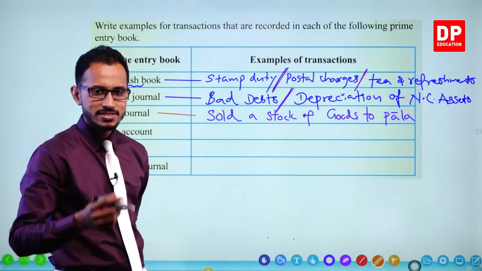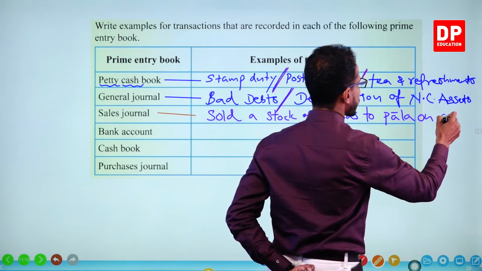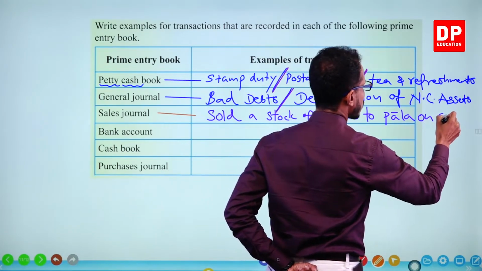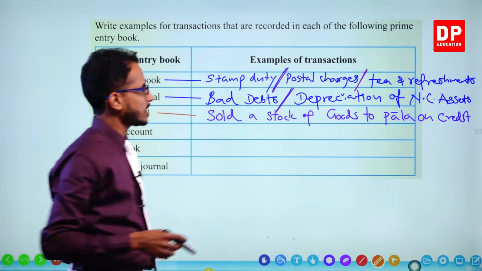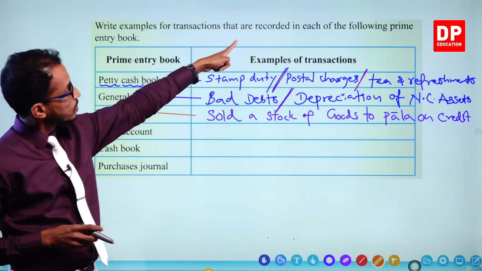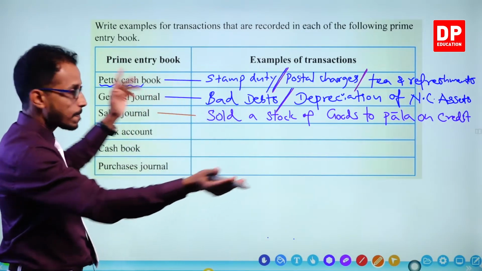The customer is parlor. On credit. There you go. That is an example transaction which should be recorded in the sales journal.